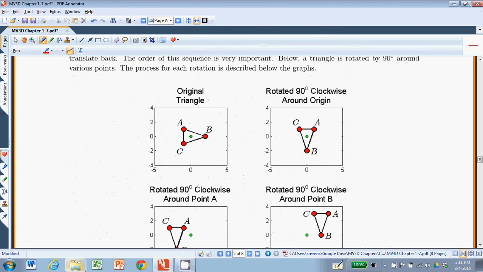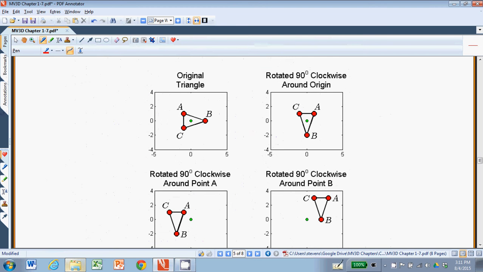Then we talked about rotating around things other than the origin. Rotating around the origin was straightforward use of that rotation matrix, but if I wanted to rotate around, say, a point like A, then the first thing I would do is subtract A from all the points.